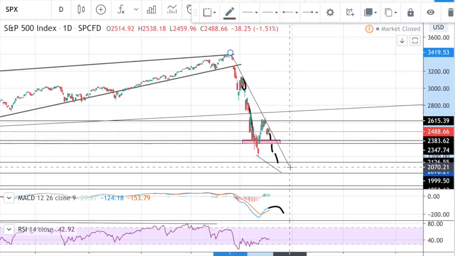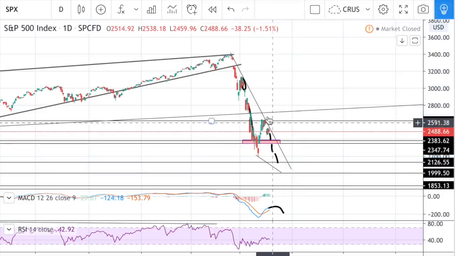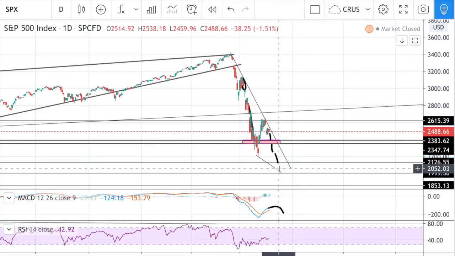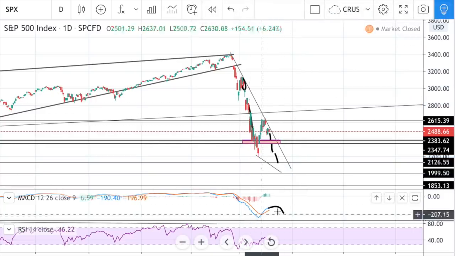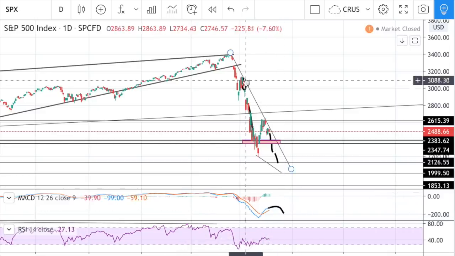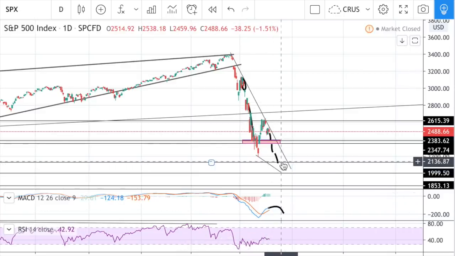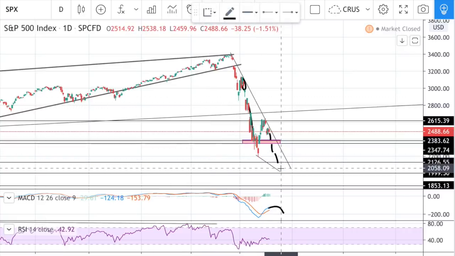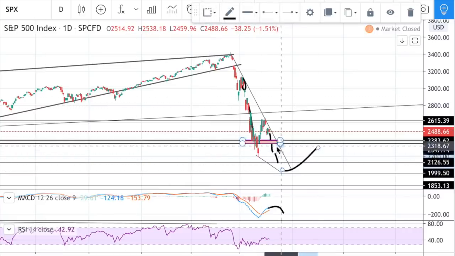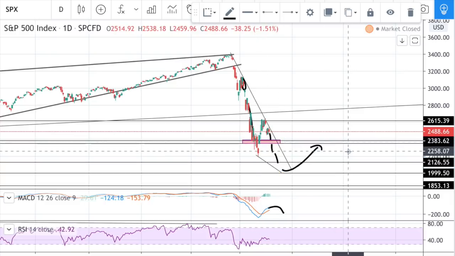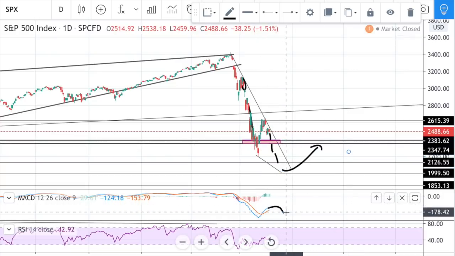And so we'll have a beautiful wedge pattern to trade off of. And so a combination of divergence on the daily chart, a wedge pattern, and strong support levels, I think that's going to fuel a nice rally all the way to backtest this 238 level. And so on the MACD, that would look something like this.